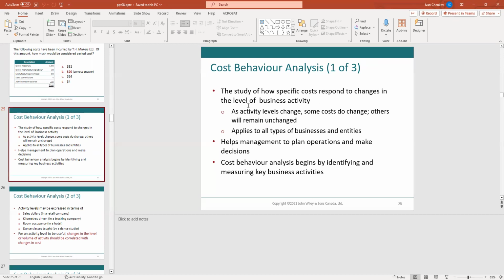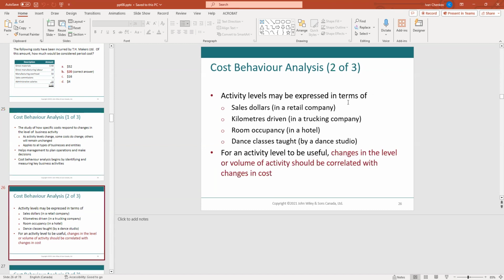If we increase the level of activity, what's happening to the cost? Does it remain the same or does it increase? We need that classification to help the manager plan the operation and make decisions.